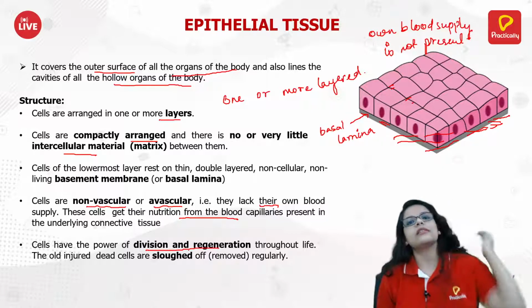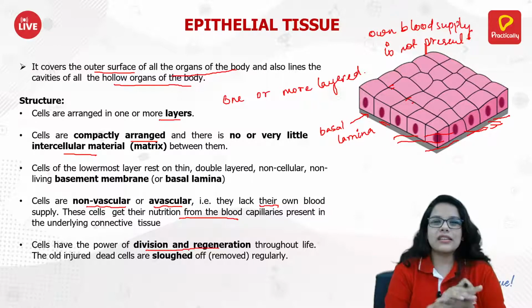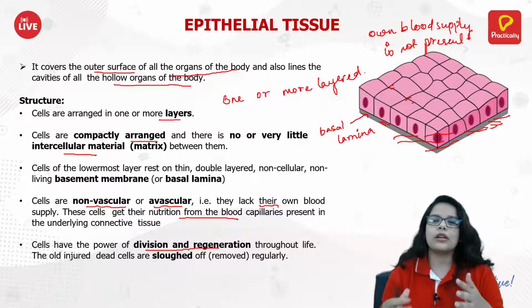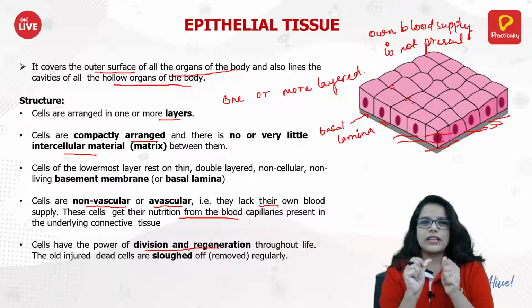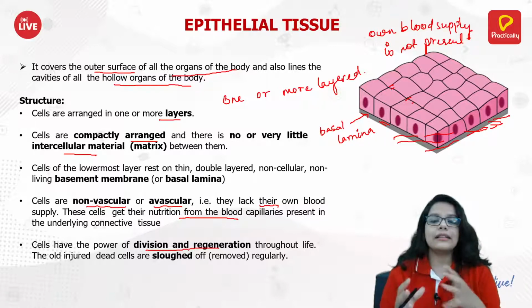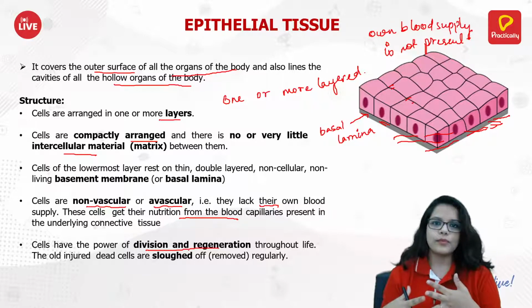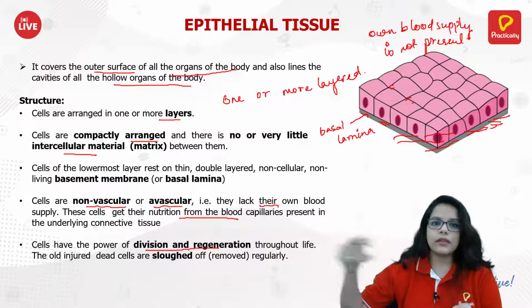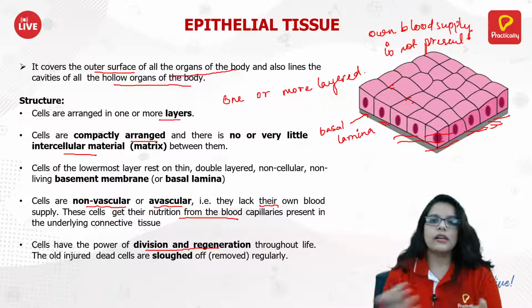We have seen skin, when skin dries off or dead skin, we try to take it off, especially in the rough areas where we walk, it dries away when your skin feels very dry. That is because it has the power of division and regeneration. The old skin is sloughed off, and there is formation of new skin.